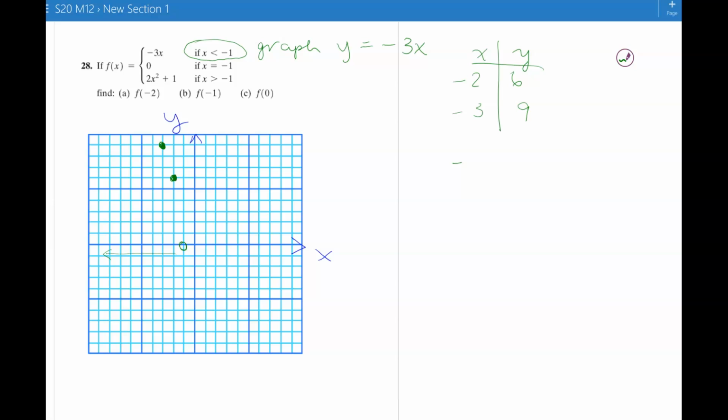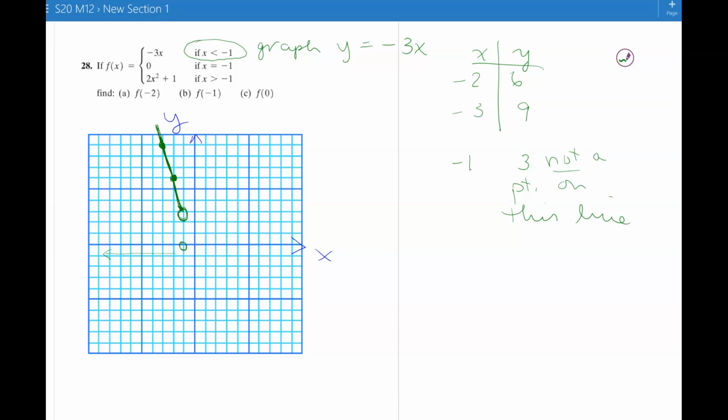And then when x is negative 1, I would have y is 3, but the function is not defined as being part of the line at that point. So this is not a point on this line, and it may or may not be included when I get to other parts of the graph. So then you draw a straight line connecting your points to the circle dot that indicates that one single hole has been punched out of the graph.